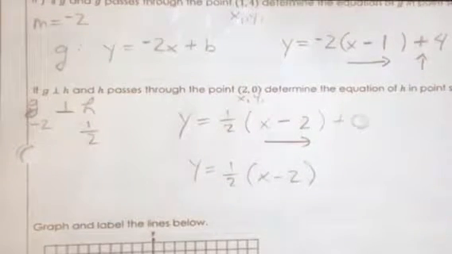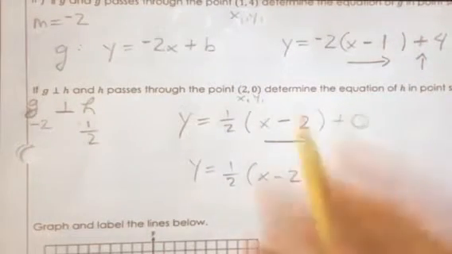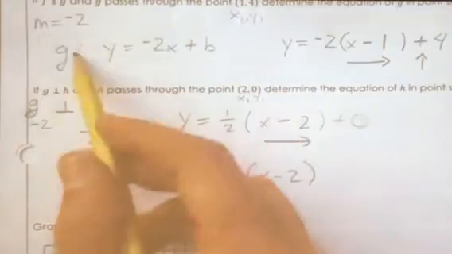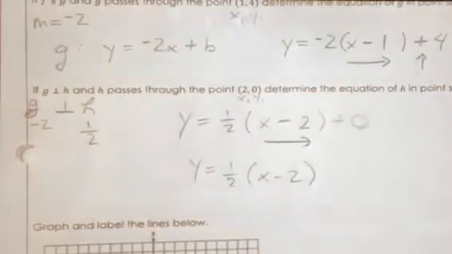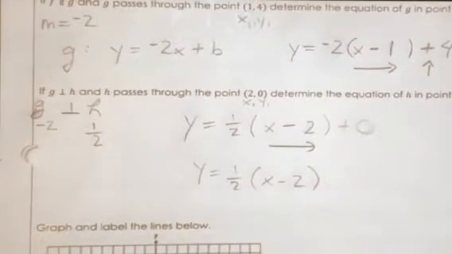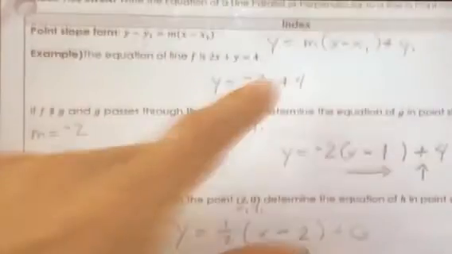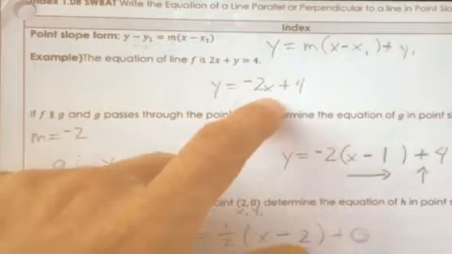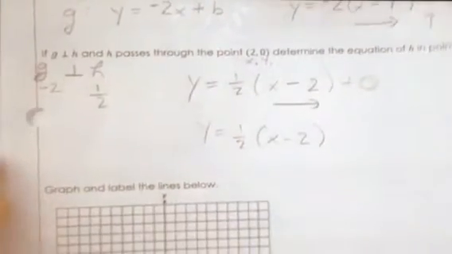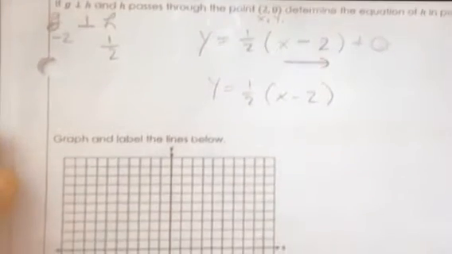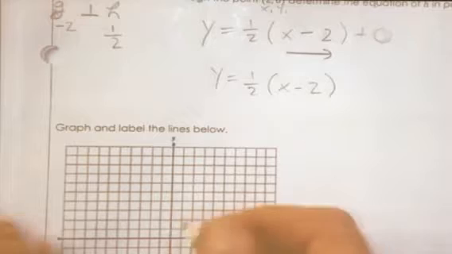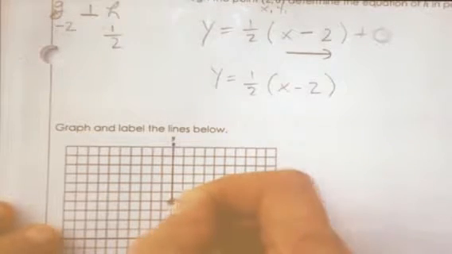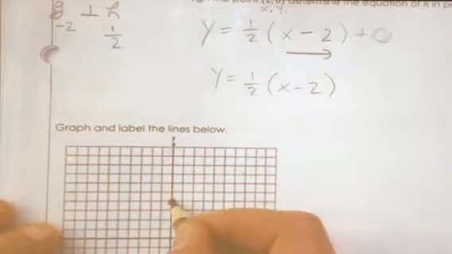Okay, time to graph the lines. So we need F, we need G, and we need H. F at the top of the page. Y equal negative 2x plus 4. Okay, so negative 2x plus 4. Y-intercept at y equal 4.